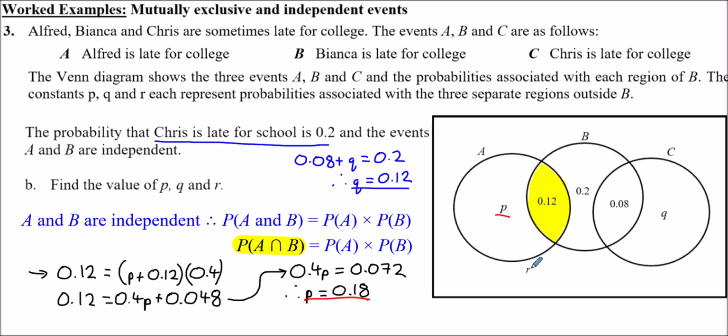Then finally R, the bit on the outside, will just be 1 minus all these other probabilities. And so R is going to be 1 minus P, so 1 minus 0.18, minus 0.12, minus 0.2, minus 0.08, minus Q, which we just calculated as 0.12.